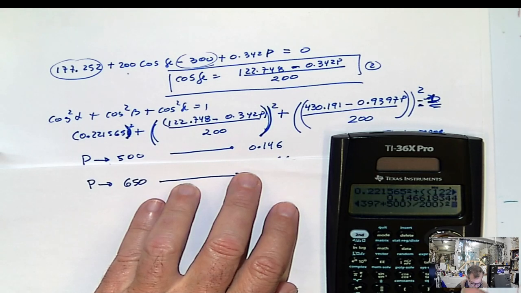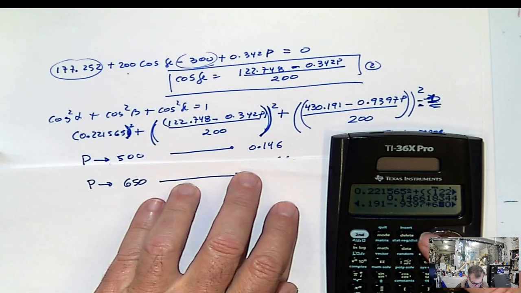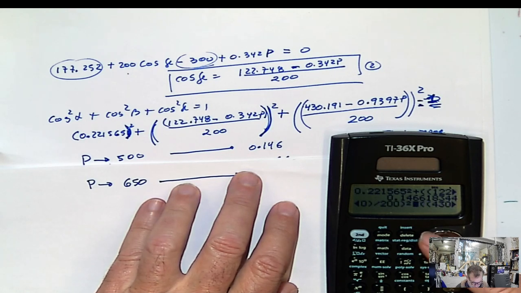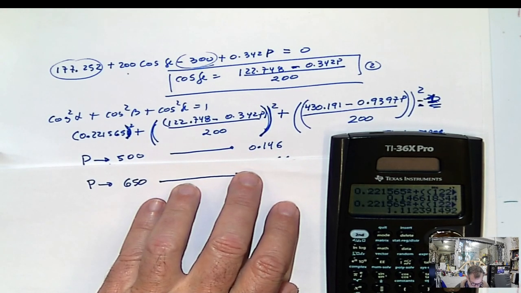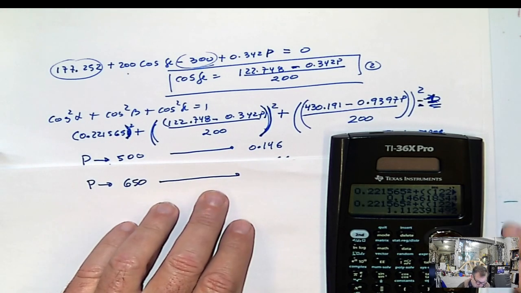Now we're going to try again with 650, because you know it has to be 1. Probably the force has to be bigger. So I'm going to try here with 650, and the other one that we have to change in the beginning is 650 as well. And then we get 1.1.